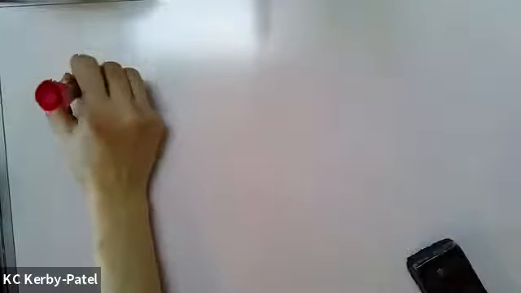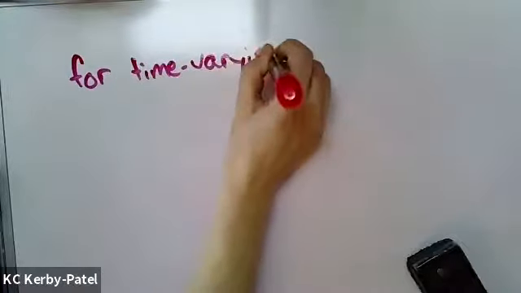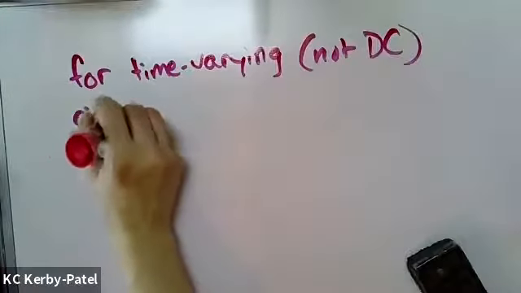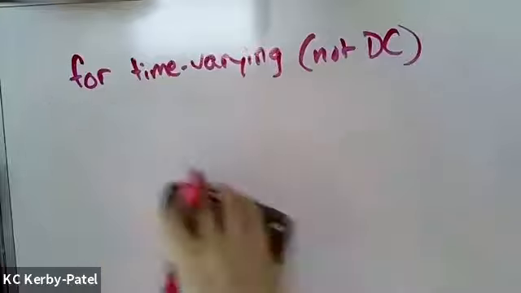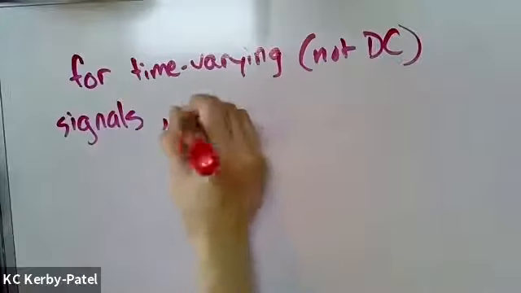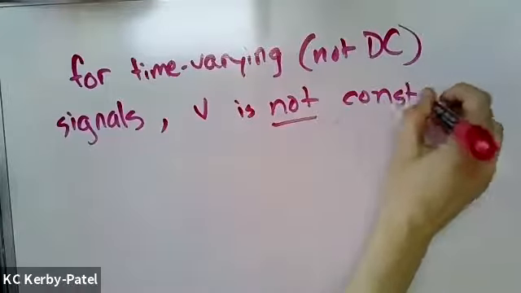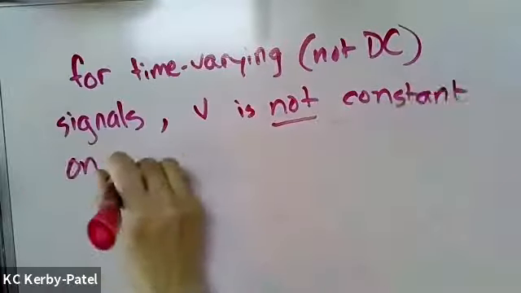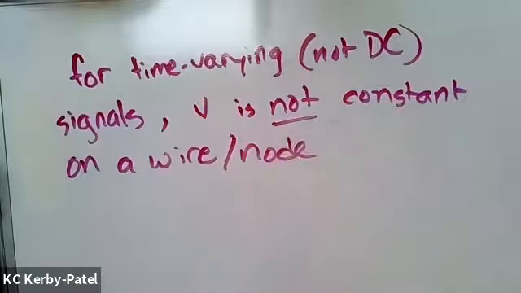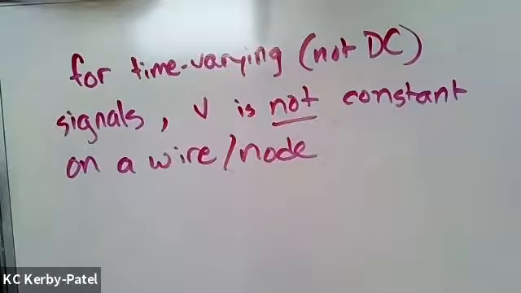For time varying, not DC circuits, not even circuits, but signals, the voltage is not constant on a wire or on a node. This can be very upsetting if you try to design something as though voltage does behave that way and then it doesn't behave that way.